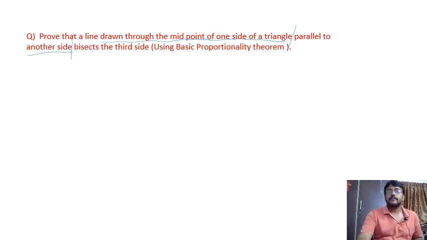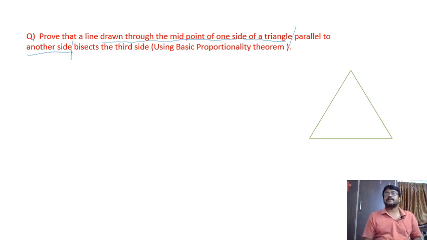Right, let me take a triangle first, then you can understand easily. Suppose this is a triangle that we are looking for, ABC. And what happened? A line drawn through the midpoint of one side. Suppose I have taken the midpoint of AB, this is D, and here I am going to draw a line through the midpoint of one side of a triangle parallel to another side.